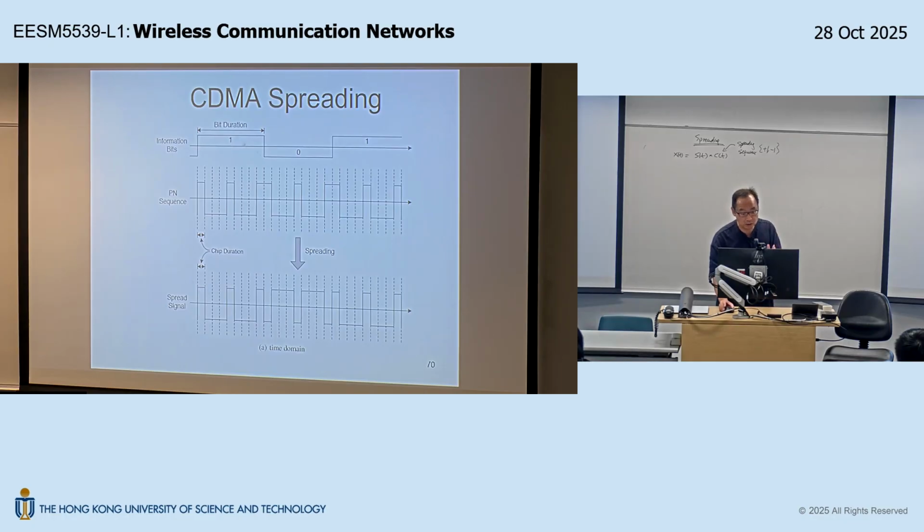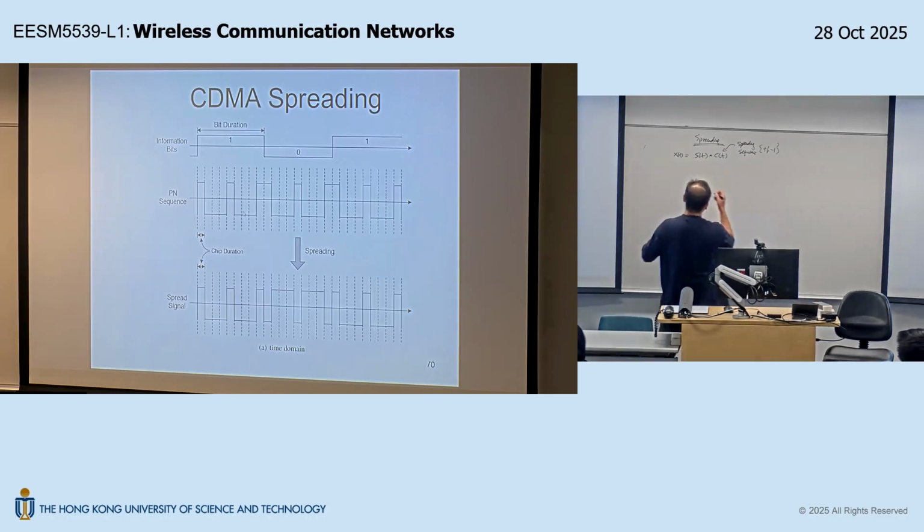You chop this into many, many fragmented pieces, for some reason we will explain. But this is the operation. So after spreading, in the time domain, what you transmit are these broken pieces. Is that okay? So you chop one symbol into, in this case, 1, 2, 3, 4, 5, 6, 7, 8 pieces. Okay? Now there is one important parameter in this spreading process.